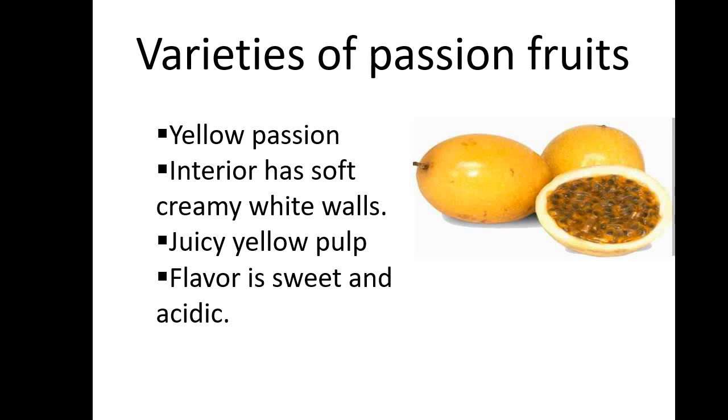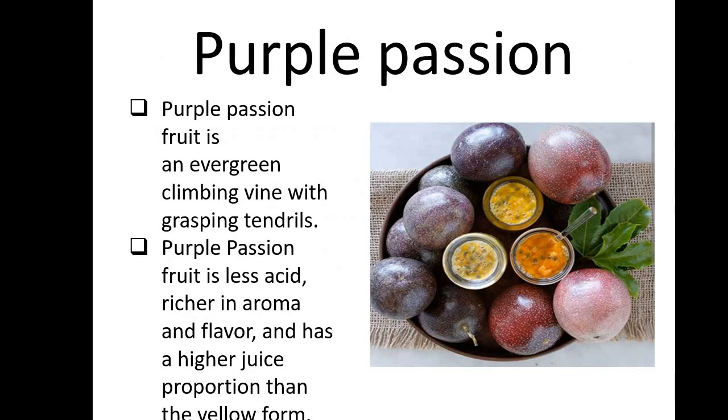The yellow passion has a yellow outer cover, and the interior has soft creamy walls, and the flavor is sweet and acidic. Then we have the purple passion. As you can see there, its outer cover is purple in color.